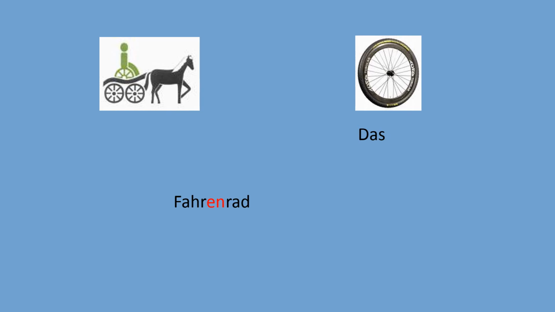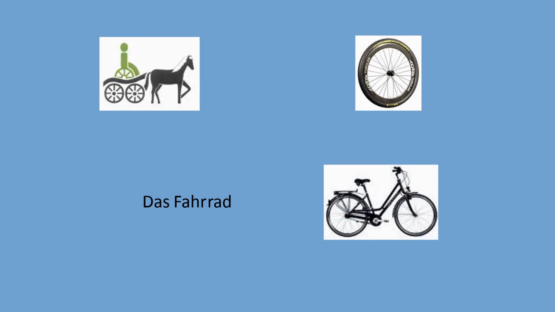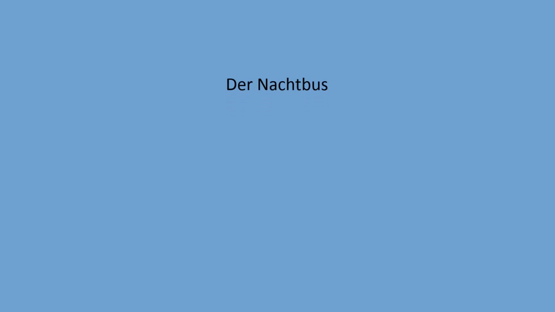So we don't need this joining element, and we get rid of it, and this will be our compound noun, Fahrrad. Of course, we take the definite article from the last component, and Fahrrad is a bicycle in the German language. So let's analyze once again these three examples.